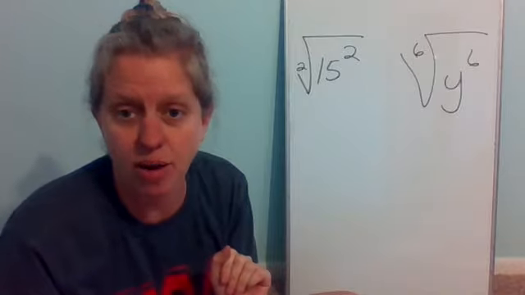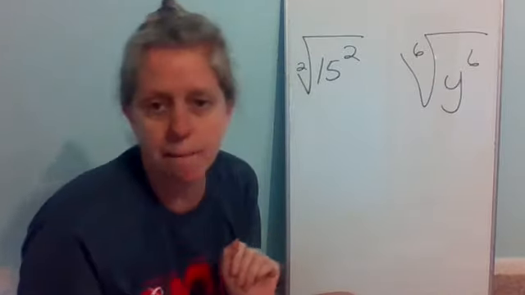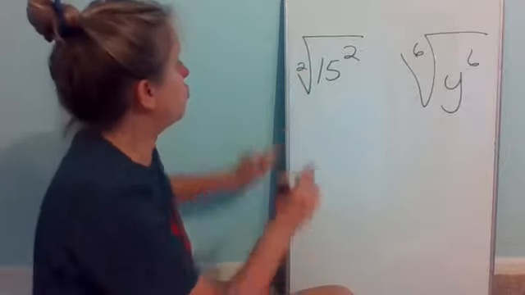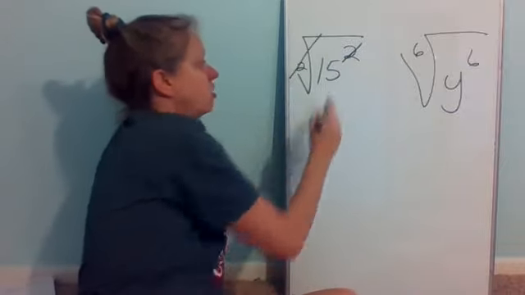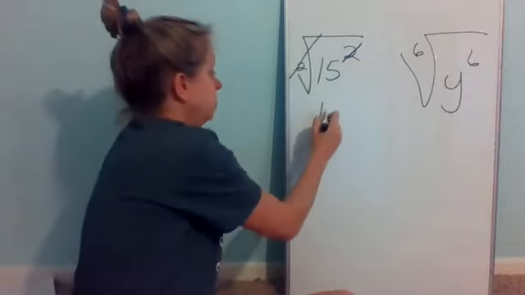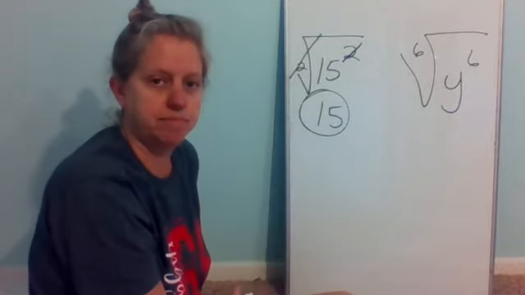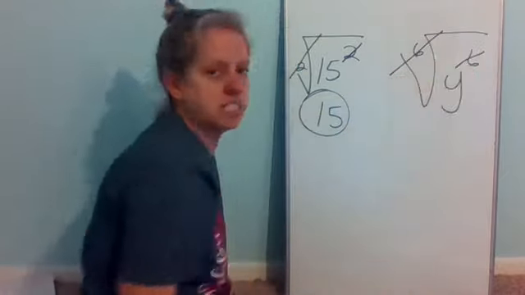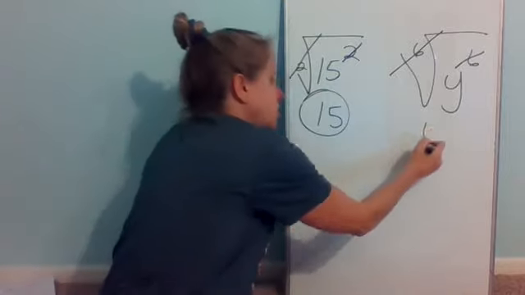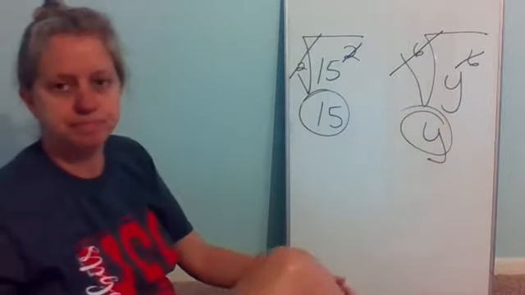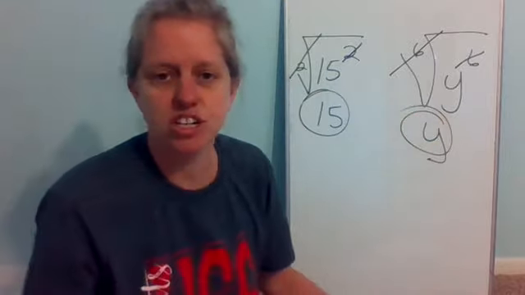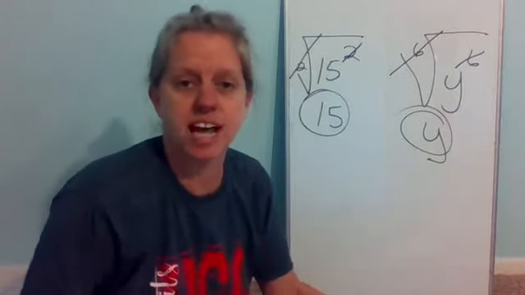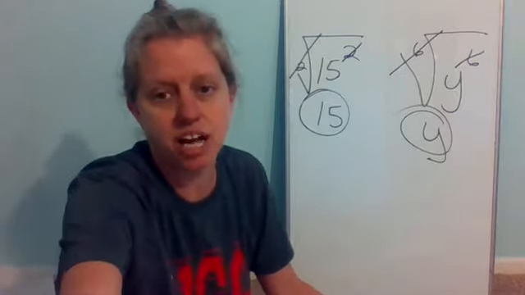They cancel each other out. Plus cancels out minus. Division cancels out multiplication. Square roots cancel out squareds. Your answer is 15. 6th roots cancel out a 6 exponent. You're just left with y. Okay, so don't make those last ones any harder than they are. If your root and your exponent are the same thing, they just cancel each other out.